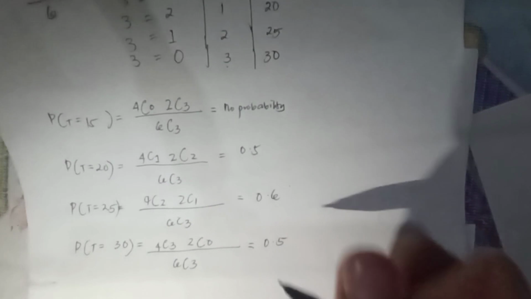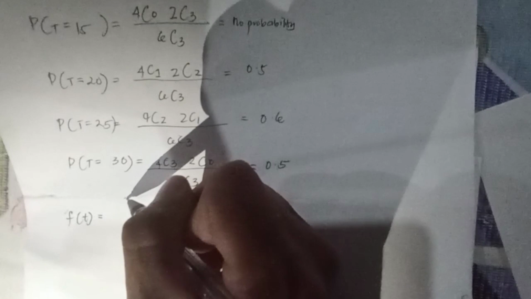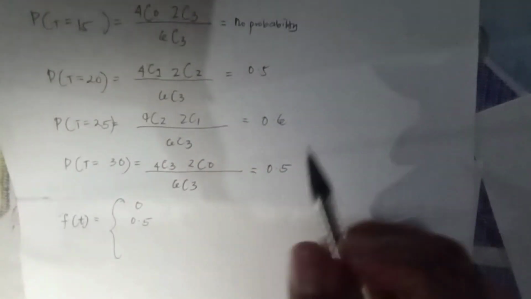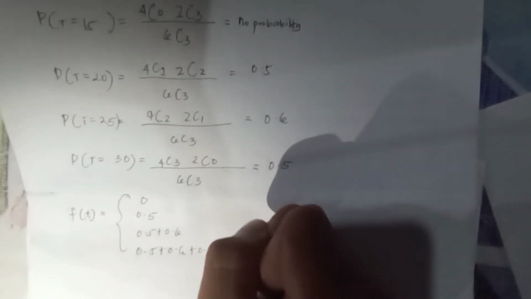Then for the cumulative distribution function, because the problem is about finding the cumulative distribution function, you need to get F(t) equals, make a bracket of it, then 0, having no probability, 0.5, then you need to add the 0.5 and 0.6, and then sum it all, 0.5 plus 0.6 plus 0.5.